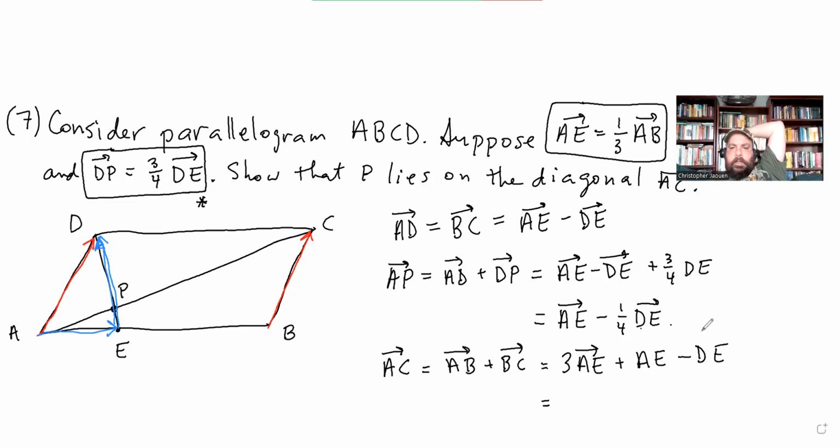Okay, so we get 4AE minus DE is equal to AC.